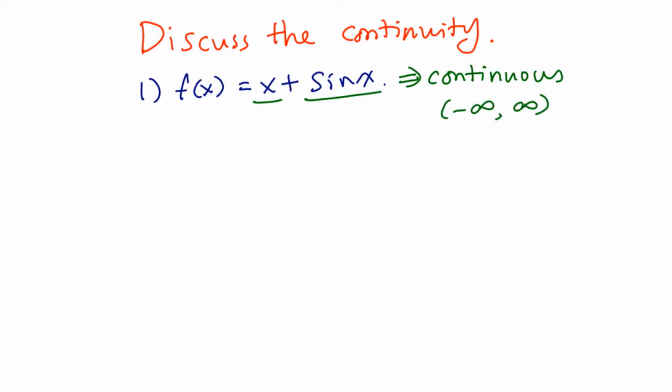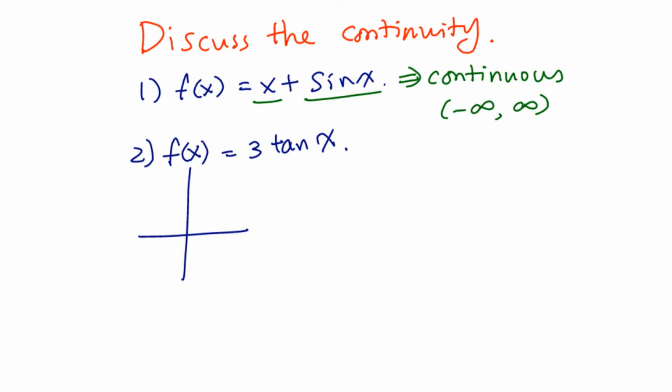Number 2, I have f of x equals 3 tangent x. Then we know that the graph of tangent looks like this, and we have vertical asymptotes, so many of them. In this case, it is pi over 2, and here I have the vertical asymptote at 3 pi over 2.